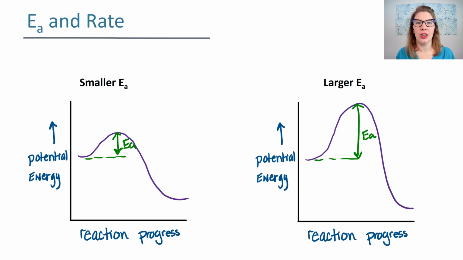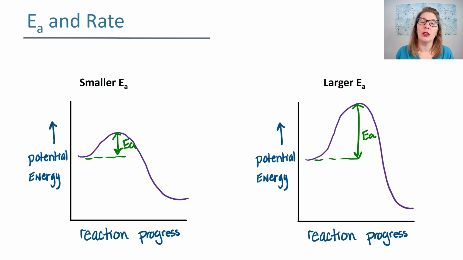Those energy of activations are definitely going to have an impact on the rate. Something that has a smaller energy of activation, well, if molecules collide with enough energy to get them over that energy of activation, then the reaction is going to happen, assuming we're talking about a collision type reaction, which is easiest to imagine, so that's the one I'm going to talk about.